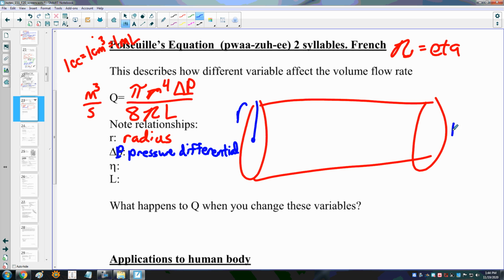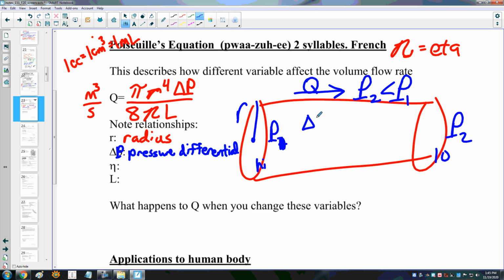So if I have P2 down here and P1 down here, and Q is in this direction, the fluid is flowing in that direction, that means that P2 is less than P1, right? We're going to move from high to low pressure. The pressure differential, delta P, would be equal to P1 minus P2, just the difference in those two pressures.